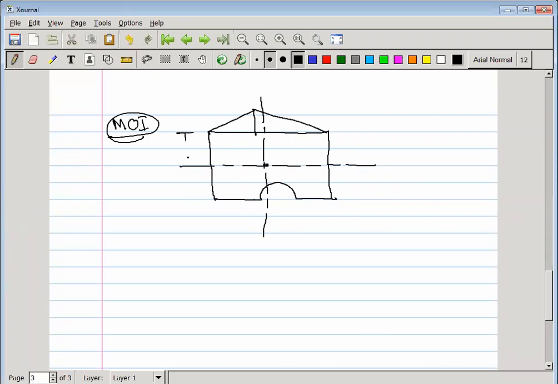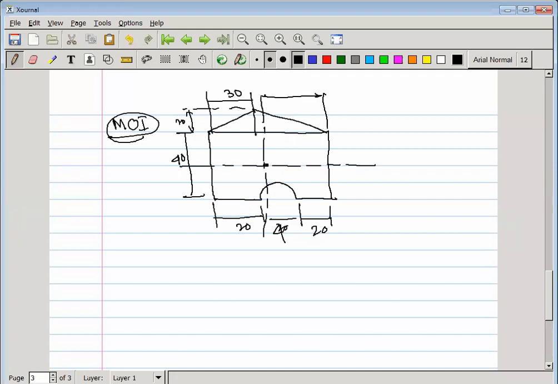That this is 40, na? This is 20. This is 20. This is also 20. Sorry. This total is 40. And this height is also given as 20, and this one is given as 30, this one is given as 50, right?